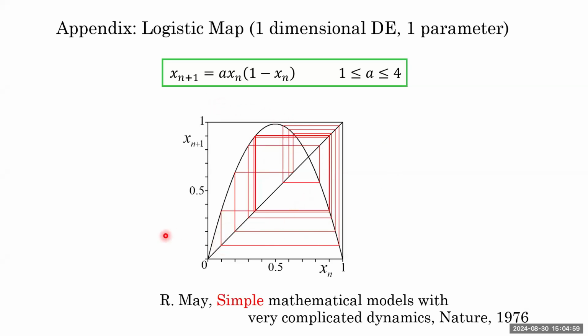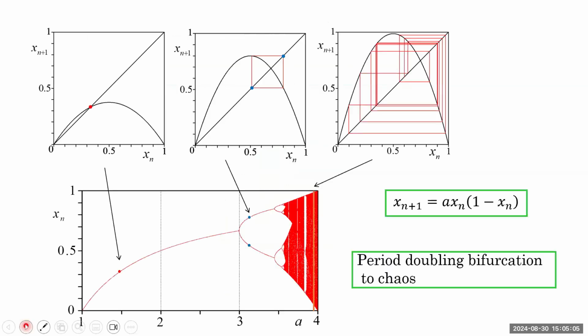This simple deterministic system exhibits very complicated dynamics. This is the very famous period doubling bifurcation. Here, as A is low, there exists a stable fixed point. The parameter A is here and the steady state is plotted here, the fixed point here.